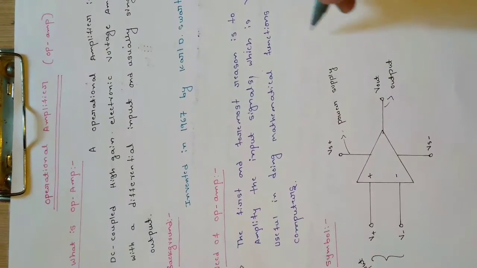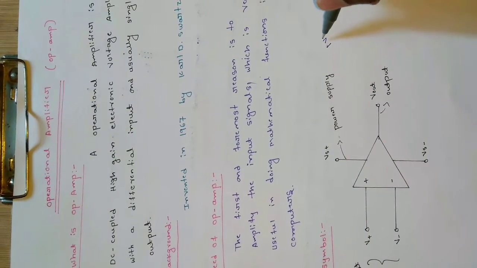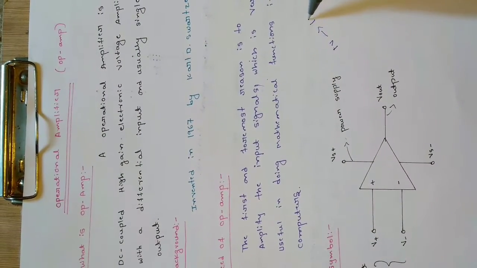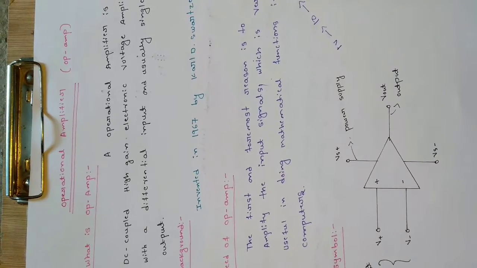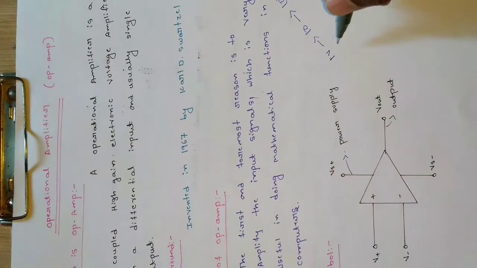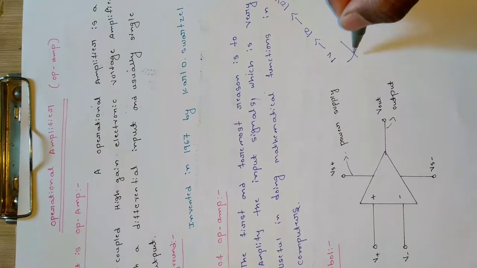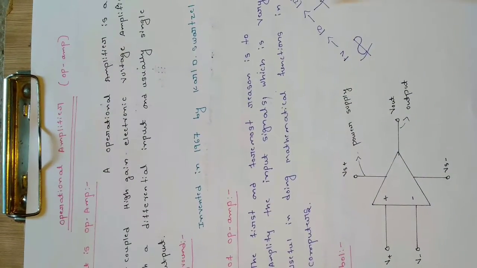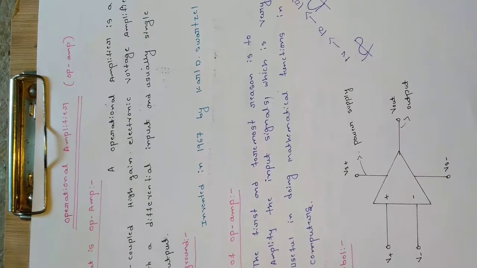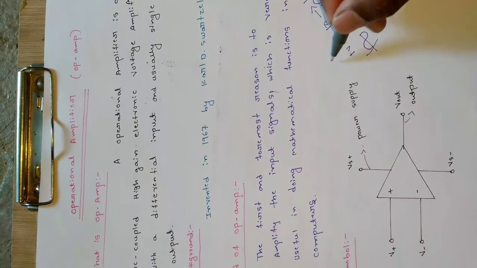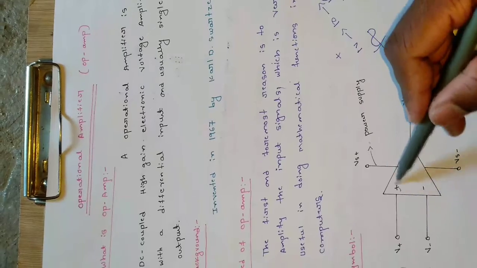So when we give 1 volt to the non-inverting input, and if it has a gain of, let us say, 10, then the output will be 10 volt. That is the non-inverting type. If the input is of small amplitude, then the output will have a higher amplitude but the phase will be the same. So this is for the positive terminal, that is this one.